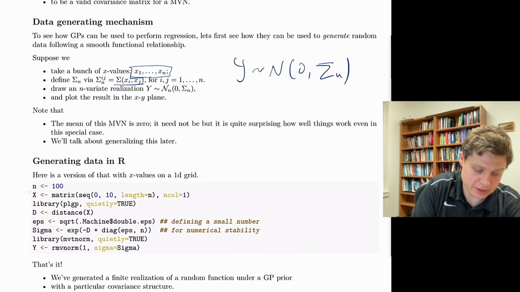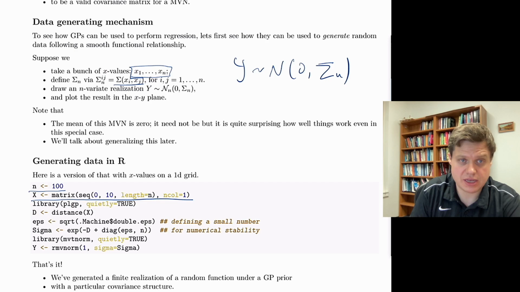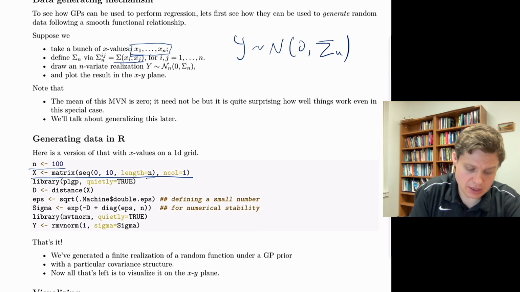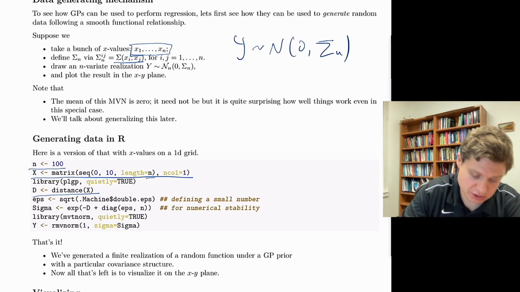So we're going to generate 100 samples. And x is just a sequence of numbers between 0 and 10 of length n, of length 100. And this distance function calculates the pairwise distance between those x observations. So it's going to be a square matrix, an n by n matrix.